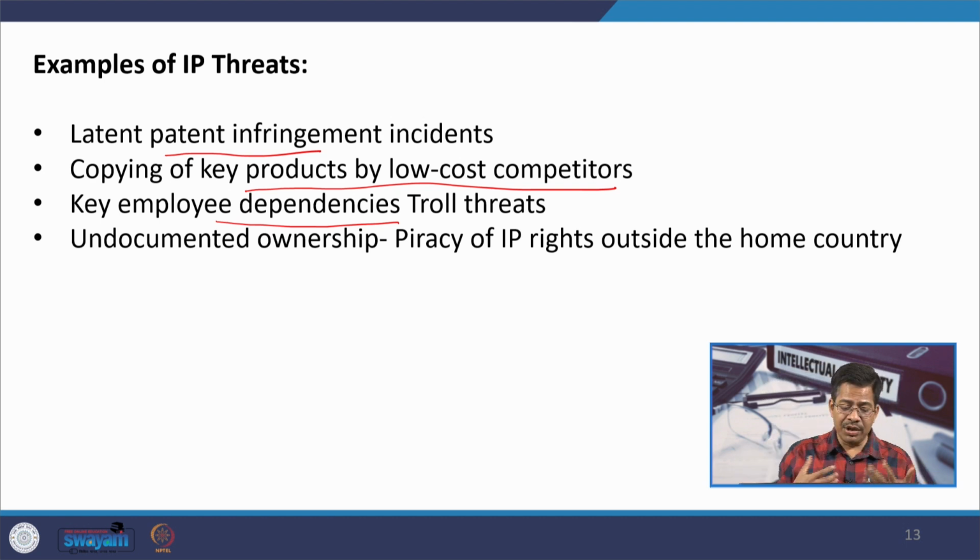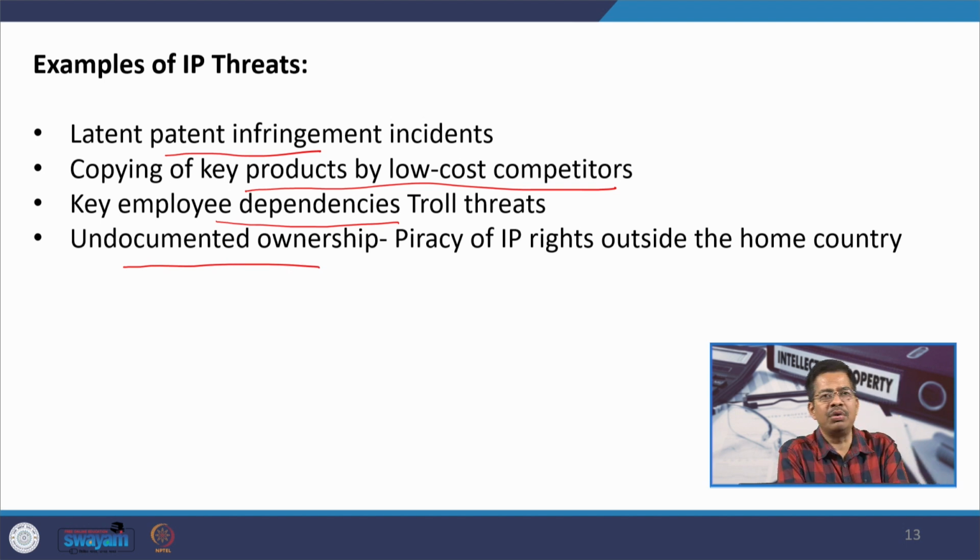So, if you want to maintain a good IP portfolio, you also need to have appropriate HR policies to take care of such scenarios when people leave your organization and join your competitor's organization. And sometimes there is undocumented ownership.